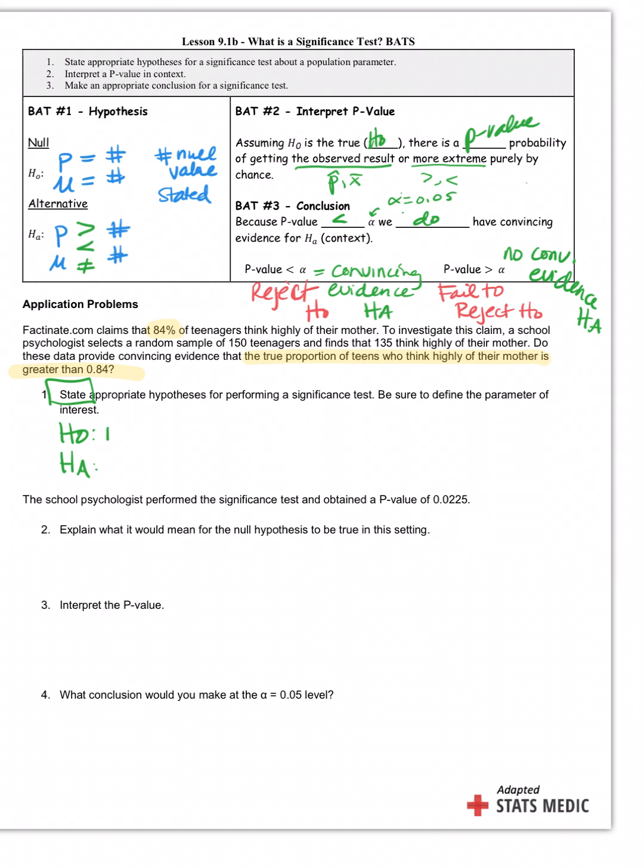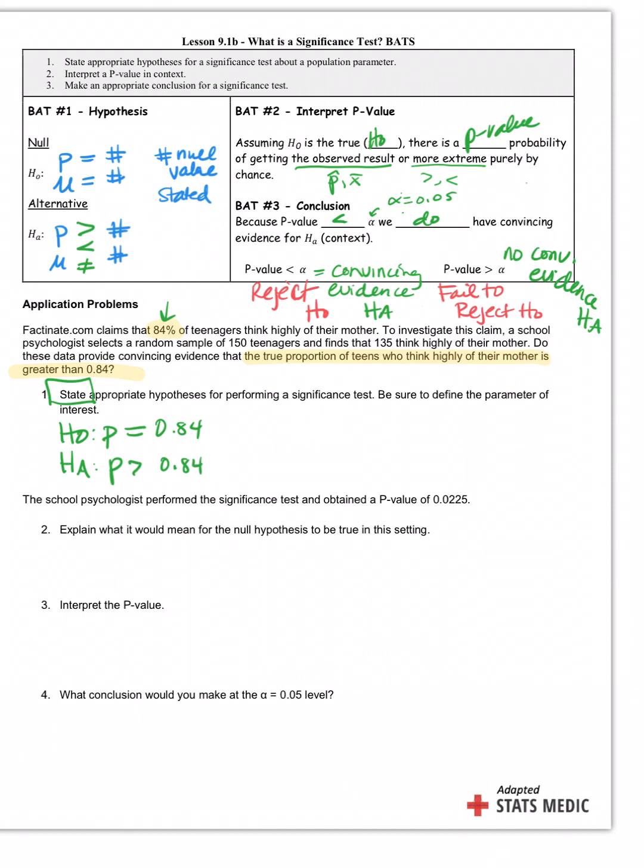All right, so I know I'm going to use the symbol P. And the claim is 84%. All right, what goes in the null always? Equals, equals, equals, equals. And then reading the question, is it going to be a greater than or a less than in the alternative? Greater, because they're saying, do we have evidence that it's greater?